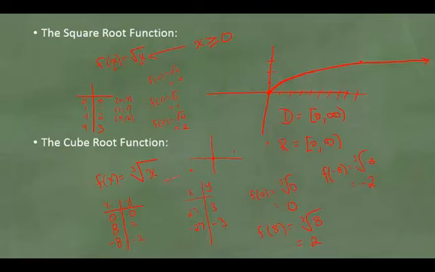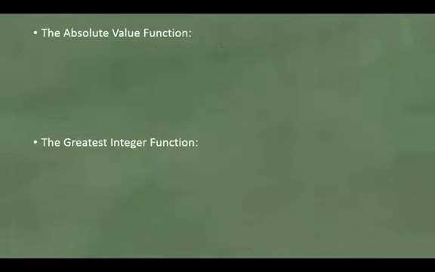So notice it looks kind of like x cubed, or the square root of x, but it's a little bit sideways. Okay. And the domain is all real numbers. All real numbers are allowed because we can take the cube root of any number. And the range is all real numbers because any number is going to come out.